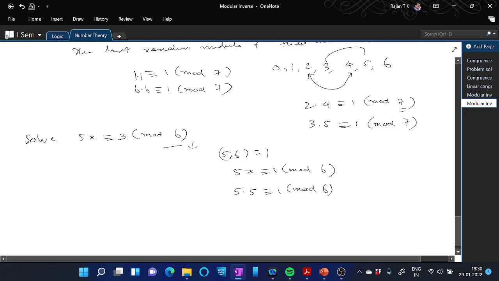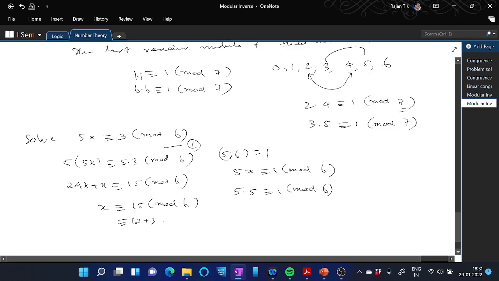So multiplying this given linear congruence by 5 on both sides, you will get 5 into 5x is congruent to 5 into 3 mod 6. 5 into 5x is 25x. 25x you can write as 24x plus x, congruent to 15 mod 6, and therefore this x is congruent to 15 mod 6, and 15 again you can write as 12 plus 3 mod 6, and therefore it is congruent to 3 mod 6.